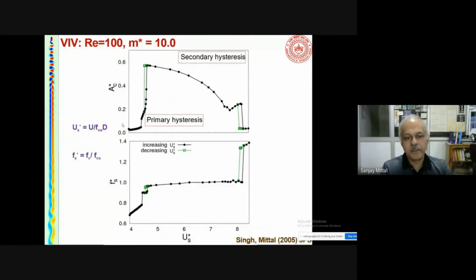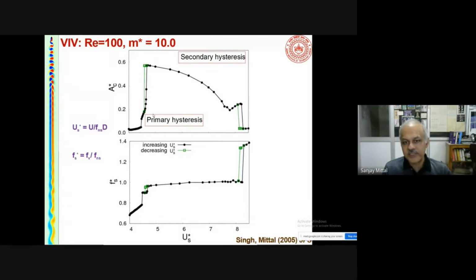So the information to glean from this is that at this mass ratio, the cylinder is 10 times heavier than the fluid. So we are talking something like maybe aluminum in water, where the density of aluminum compared to water is about 2.7. This is the kind of response you would see at a low Reynolds number.